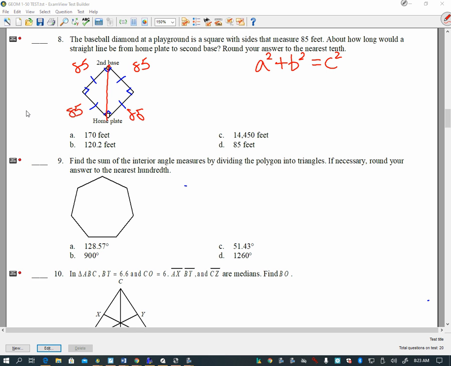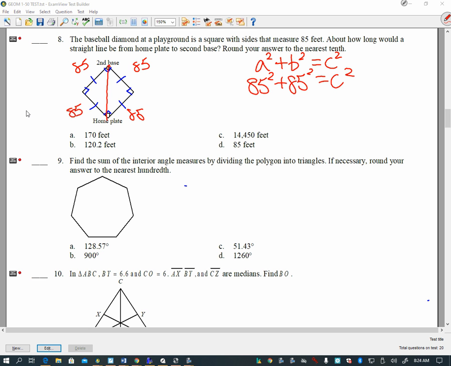So what can I use for a squared? 85 squared plus, what's the b squared then? 85 squared equals c squared. Do I need to solve it for you from that point on? You'll be dealing with some fairly large numbers that you're going to add up.